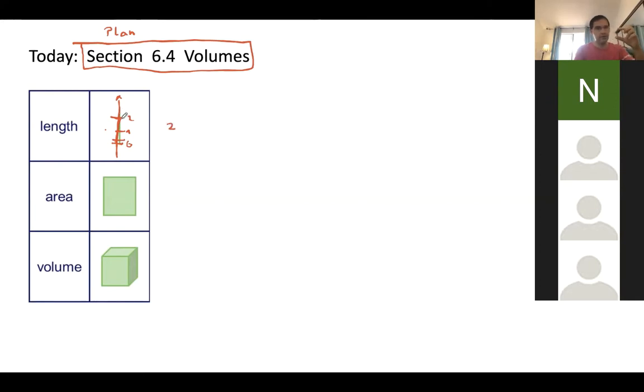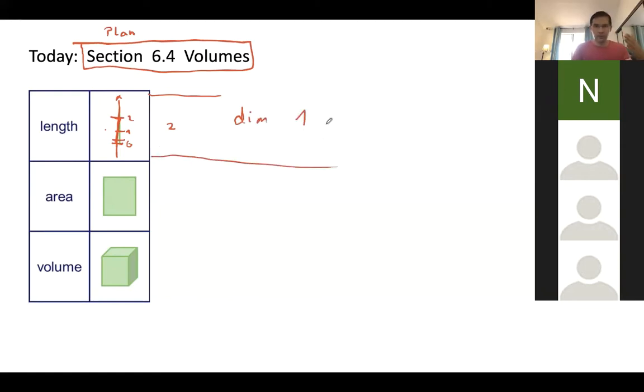It's simply b minus a, so 2 minus 0 is 2. This is the length. And length is a measure of a straight line, or it could be a little bit more general, but now, this is dimension 1.